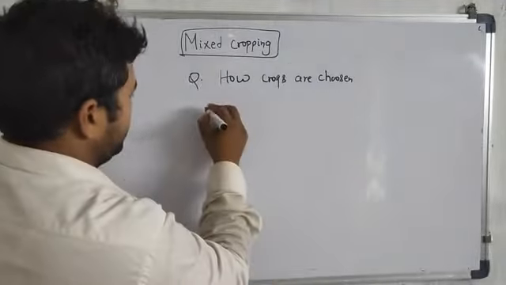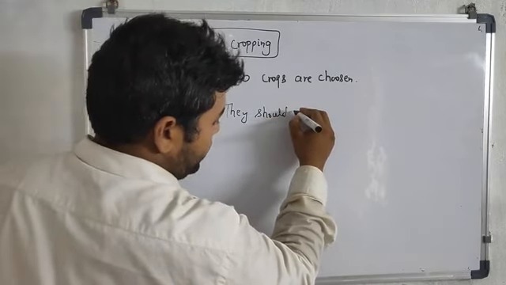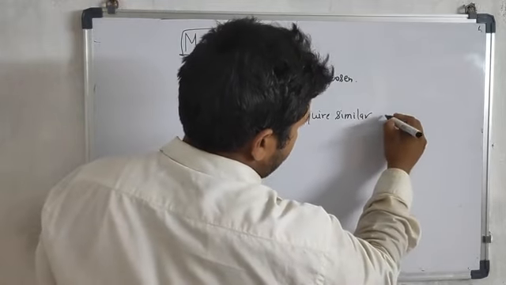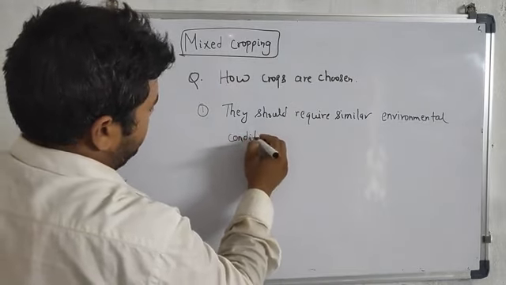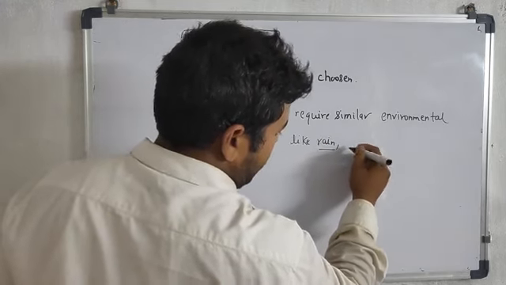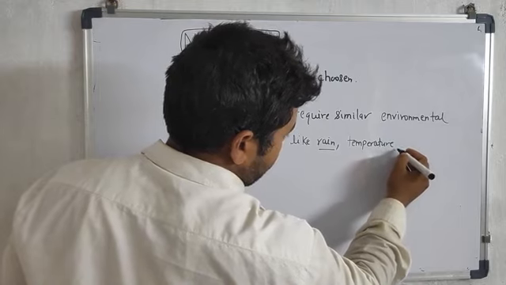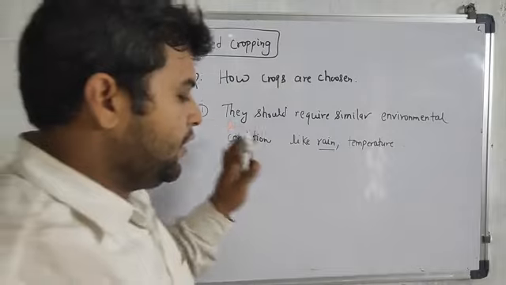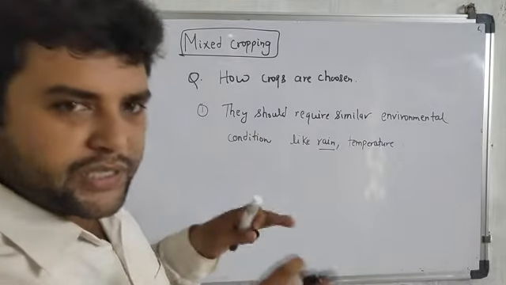So the first thing: they should require similar environmental conditions like rain, temperature, humidity, etc. This is the first point that you have to keep in mind, that the crops which are selected must have similar environmental conditions.